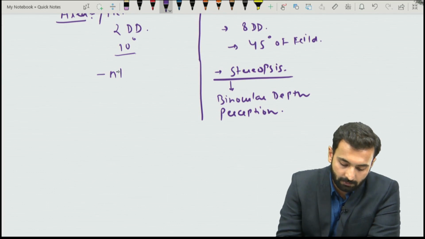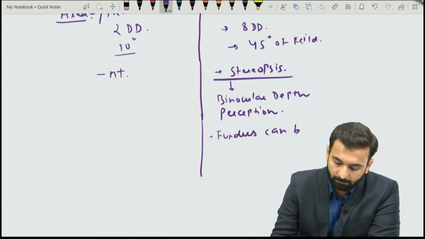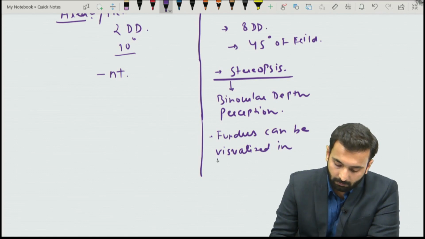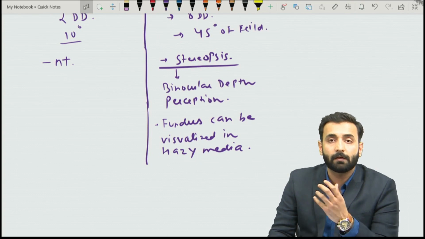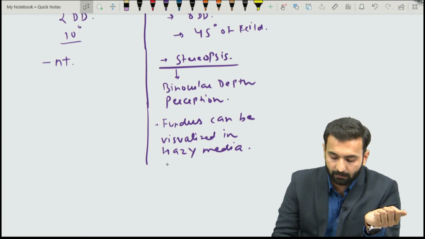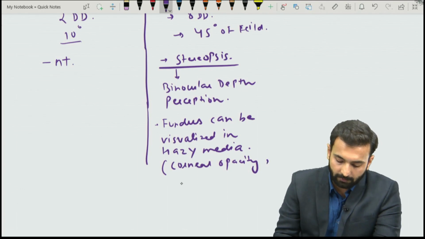And the fundus can be visualized in hazy media, like corneal opacity and cataract.